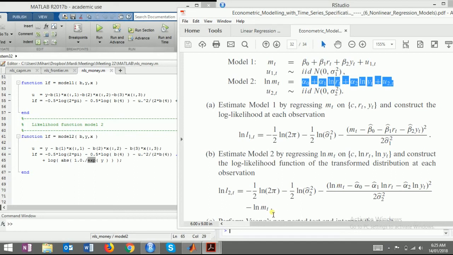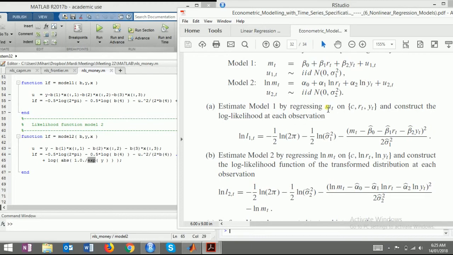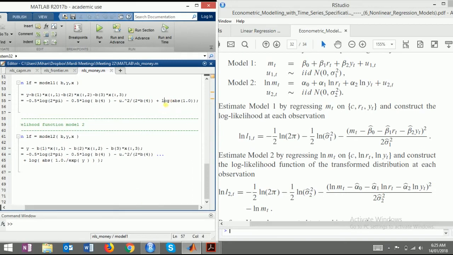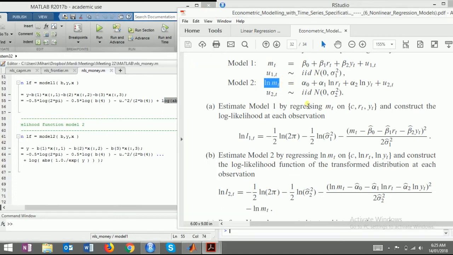Then the whole MT comes in because MT has the equation, which is this part, right? This part requires logarithm, log of absolute value of 1. This part is log MT. This is MT, this is log MT. So exponential of y. Okay.